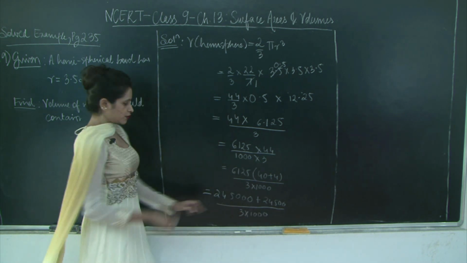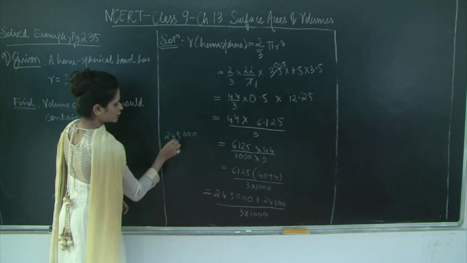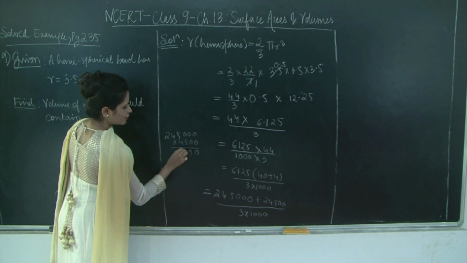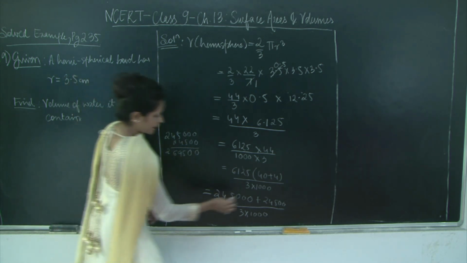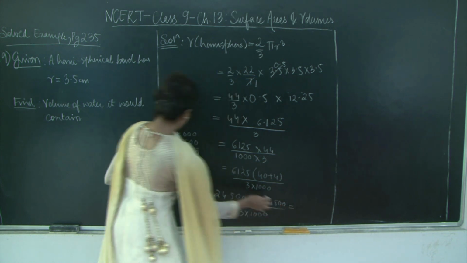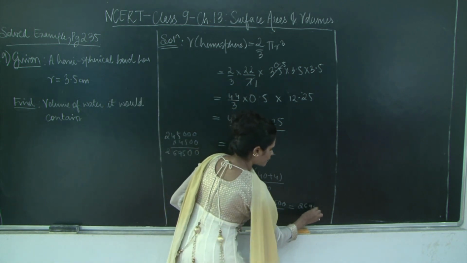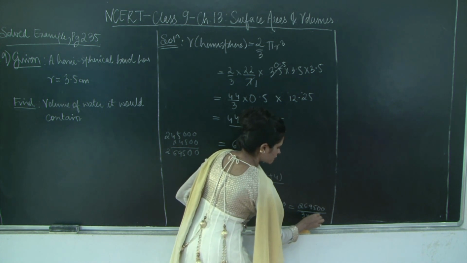Now let's add these two numbers. You get 2 4 5 000 and 2 4 5 00. So this is equal to 269 500 divided by 3 into 1000.